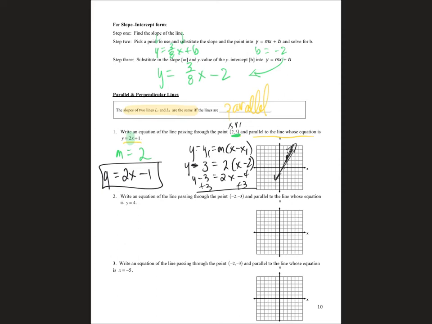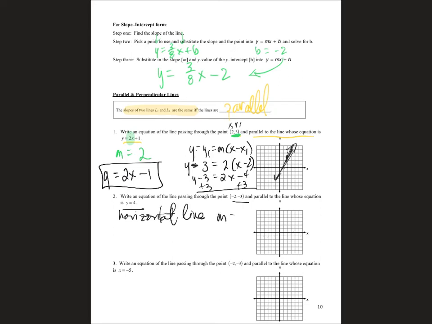What if I want to write the equation of a line passing through this point and parallel to this line? Well, first of all, what type of line is this? The line y equals 4 is a horizontal line. What do we know about the slope of a horizontal line?